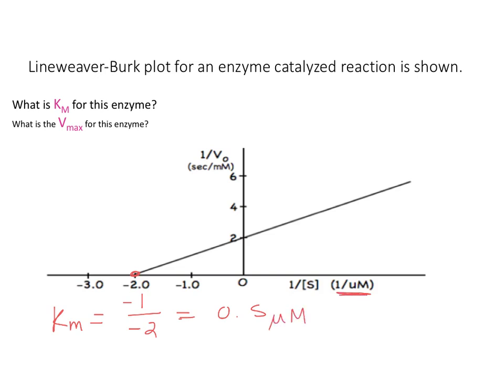Note that this is 1 over micromolar, but you will have put the 1 over micromolar here. So when you do the math, it will invert itself and the micromolar will come up to the top.